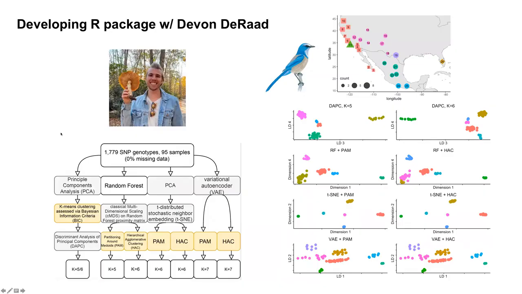I'm currently working with Devin DeRad to develop an R package that does all of this. He works on birds. So I don't know much about birds other than they're nice to look at. But in his recent publications, he has been turning this into a script, and we are going to develop an R package that goes from data to very nice figures like this. So I think I'm right on time.